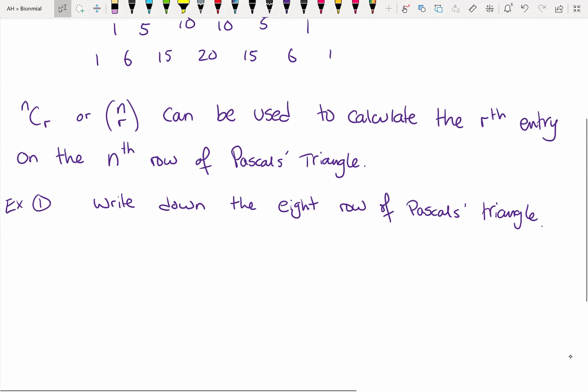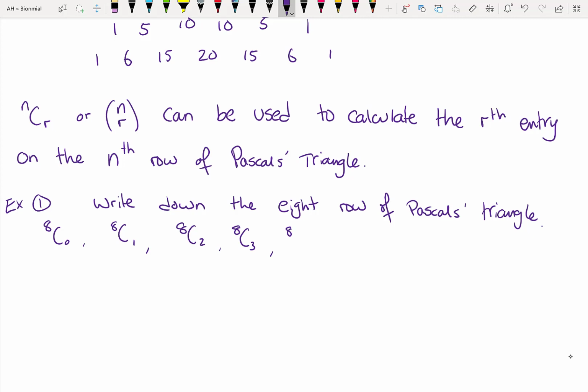What we would be looking for, in terms of our combinations, is 8C0, 8C1, 8C2, 8C3, 8C4, 8C5, 8C6, 8C7, and 8C8.